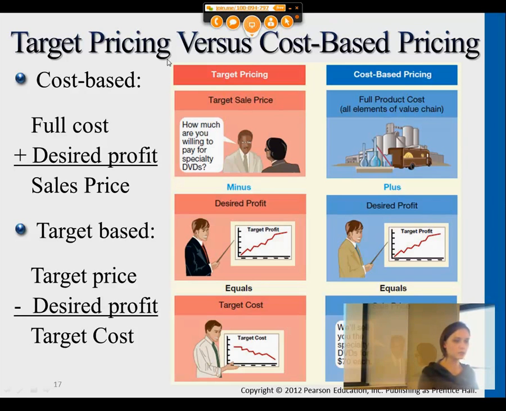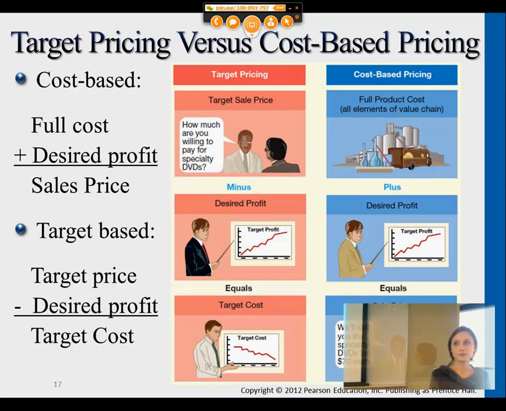In my accounting, what is my cost-based? It's my full cost. And remember, I want to estimate my cost correctly, because this is where you're going to lose money. If you're not using your ABC and your full cost is off, then you're going to add the desired profit to this and get some sales price that is irrelevant. So you want to get your full cost correctly, add desired profit, and then this is your sales price.